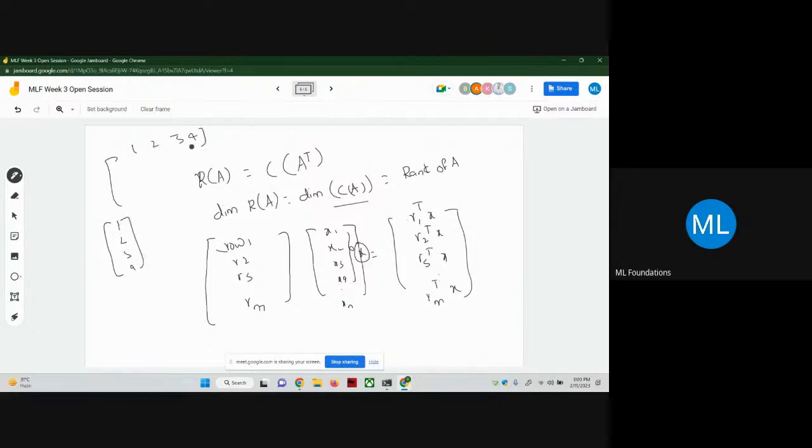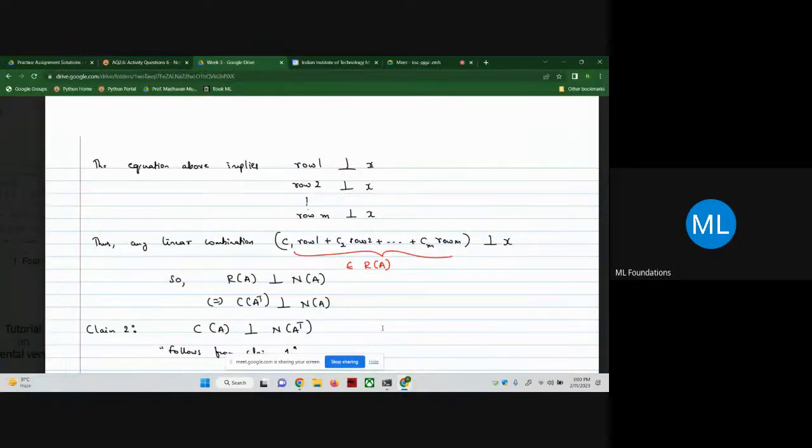When you're writing it in this form, that's already a transpose. But here we are saying that row 1 is a vector, so that's why we are taking the transpose. If you consider it this way, then it will be a transpose; if you consider it this way, then it won't be. It's just a representation form, nothing more than that.